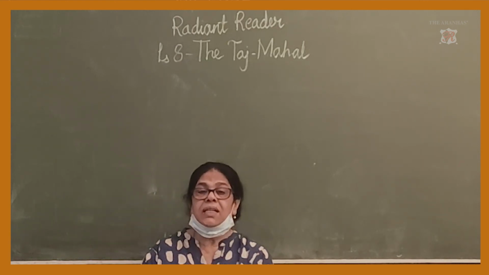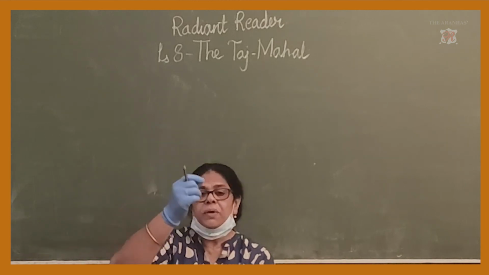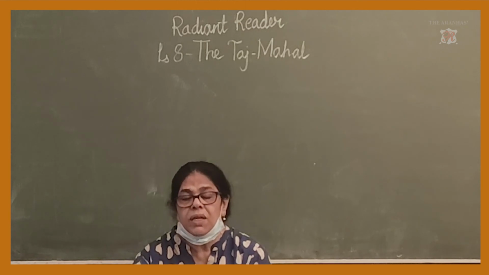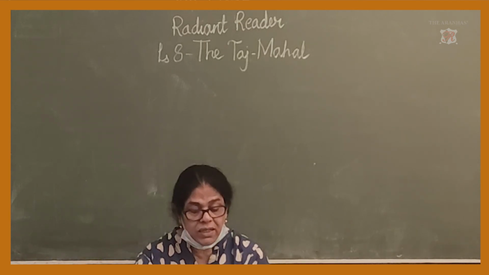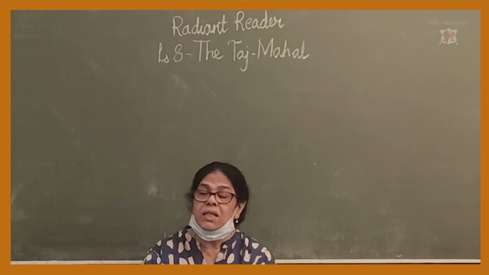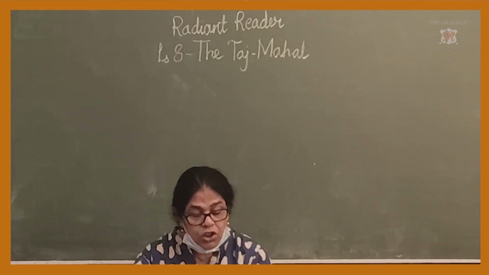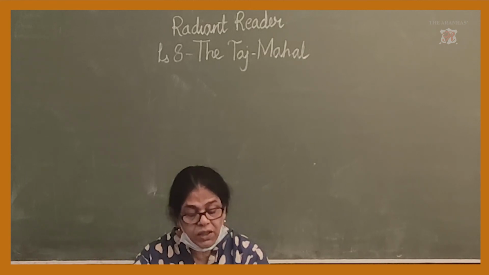So it is there that the center dome of the Taj Mahal directly falls upon Mumtaz Mahal's tomb. So they say that a drop of water comes down and it drops right in the center of the tomb. So this is the story of your Taj Mahal.